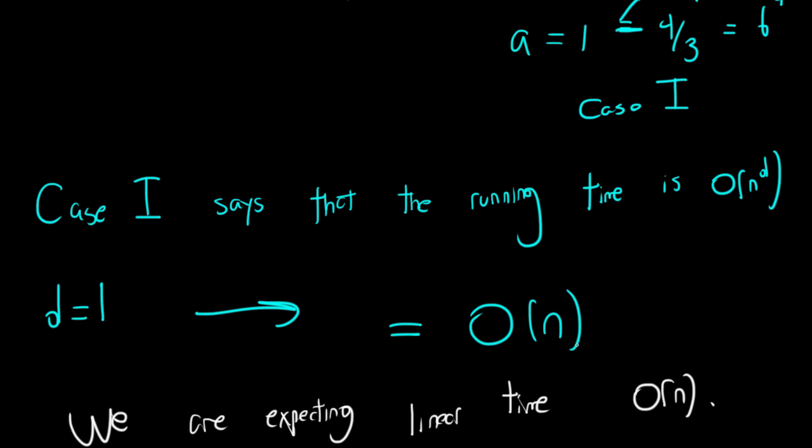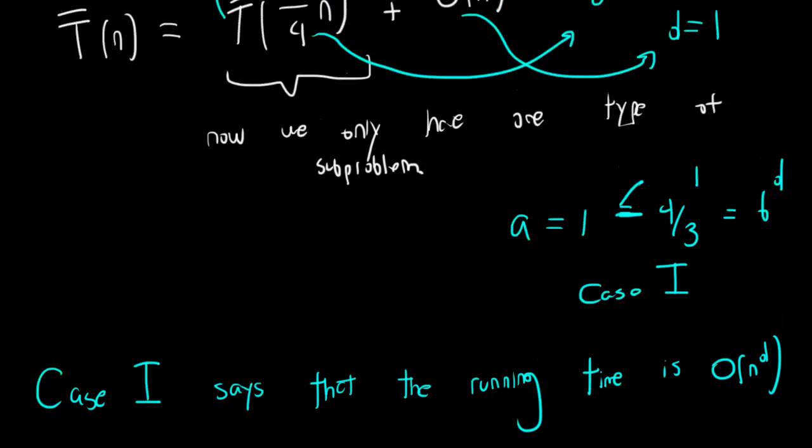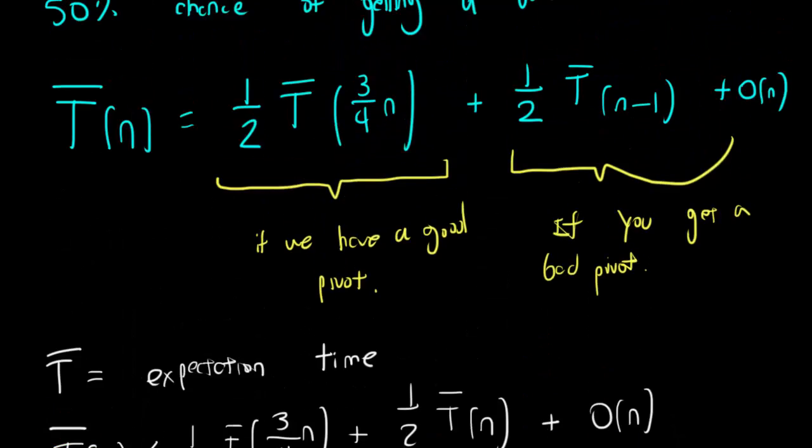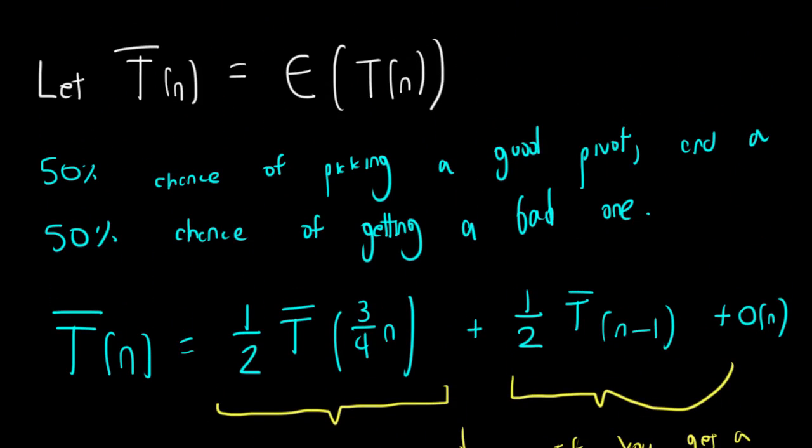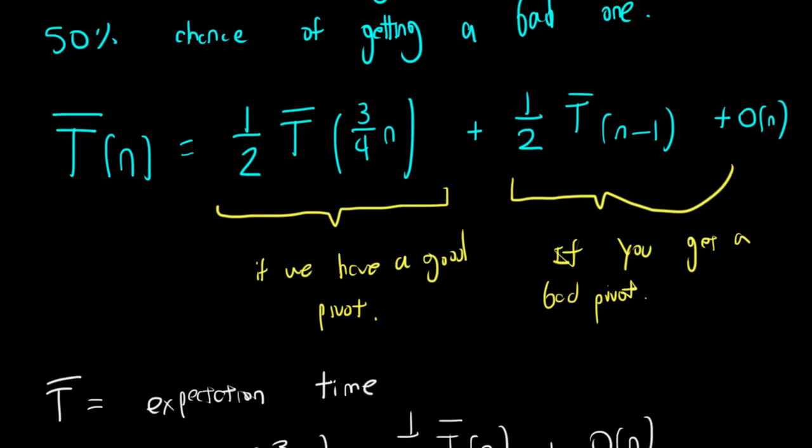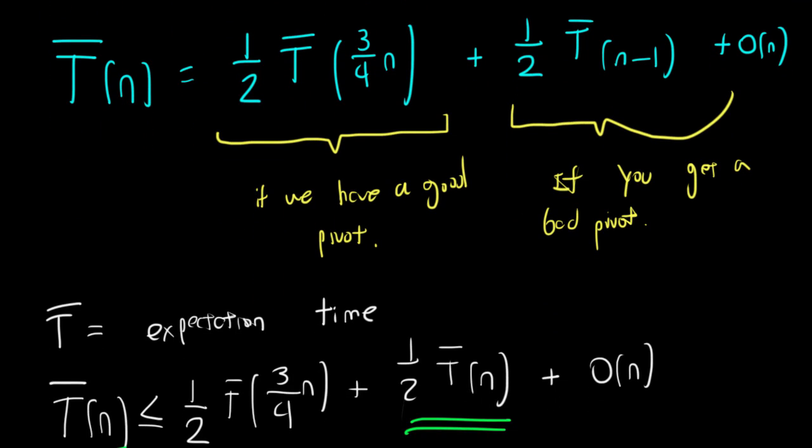So I guess I'll do a quick run through of it again. I know this video went on for absolutely forever, but it's a confusing thing. We wrote out that we now create these two universes, essentially: the universe where we pick a good pivot and the universe where we pick a bad pivot. Now we want the worst case scenarios for both of these, because worst case time is the most important time.